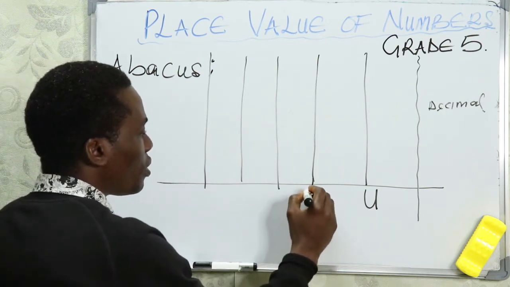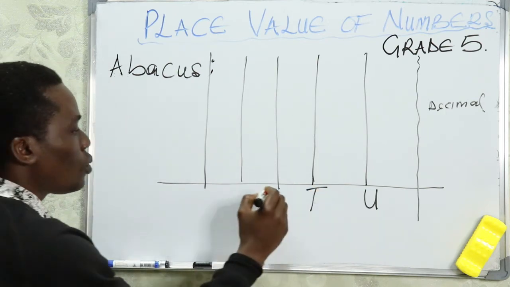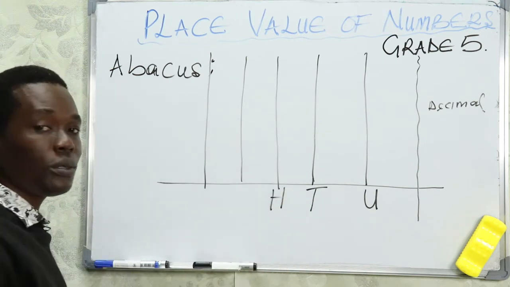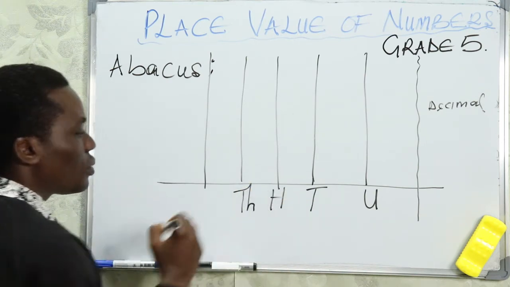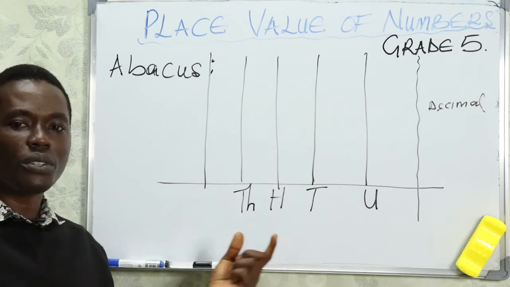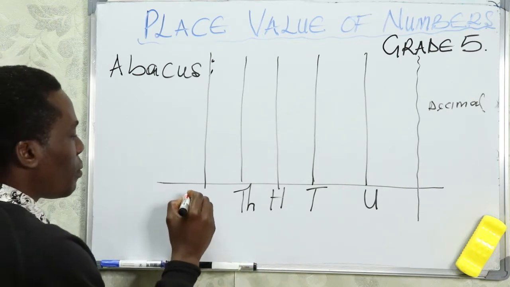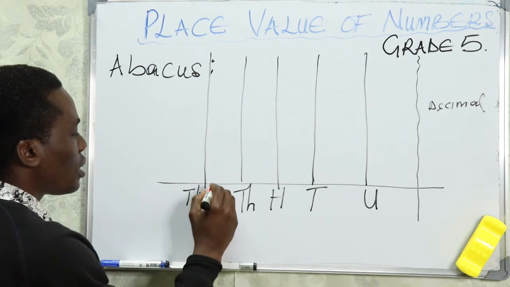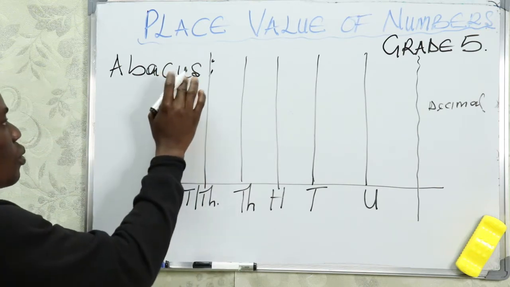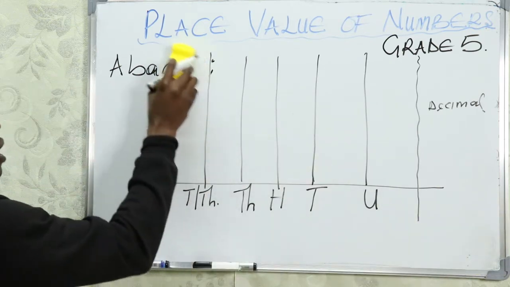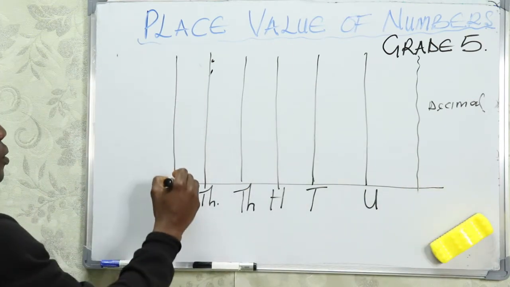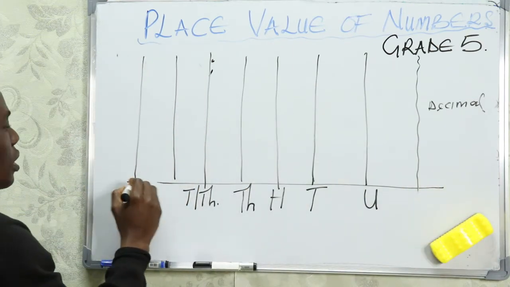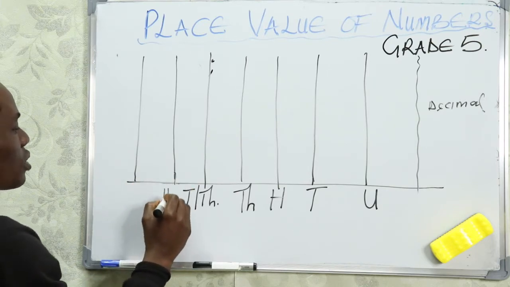This will be for the numbers in the tens, this for the hundreds, this for numbers in thousands. Then after thousands, what next? We'll have numbers in tens of thousands. If we go ahead, we are going to have numbers in the millions, hundreds of what?